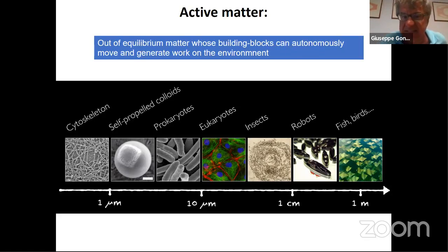It includes systems on many different timescales, going from materials inside the cells, like cytoskeletons. Then you have bacteria or cell colloids, which are the systems more related to the model that I'm going to show you.